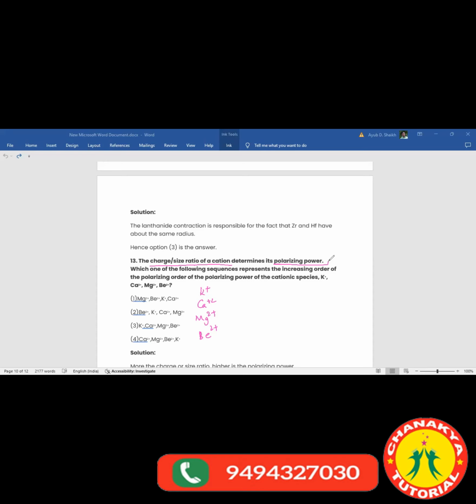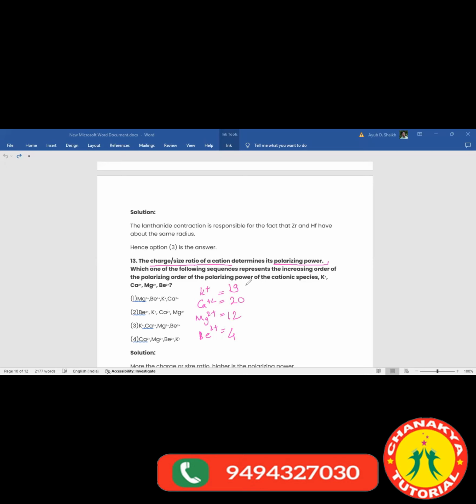So you should be aware of the atomic number of each first to determine the size. If the atomic number is more, then its size is also more, correct? So for beryllium it is 4, magnesium 12, calcium 20, and potassium 19. Then you can check their size as well, and sorry, the charges as well.